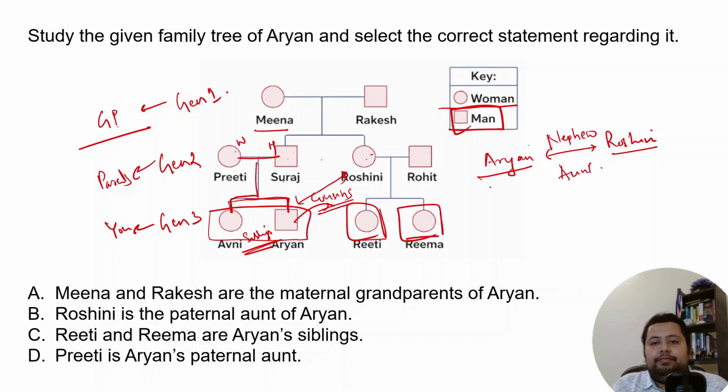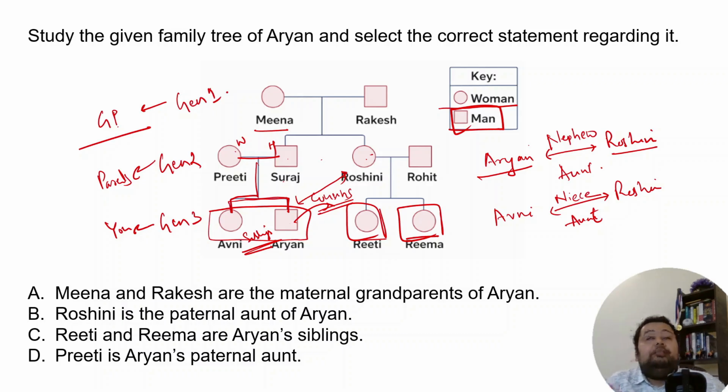So, two ways. Now, what is the relationship between Avni and Roshni? What will be the relationship? Again, aunt. So, Avni's aunt will be Roshni, and because Avni is a female, Avni will be Roshni's niece. Okay.